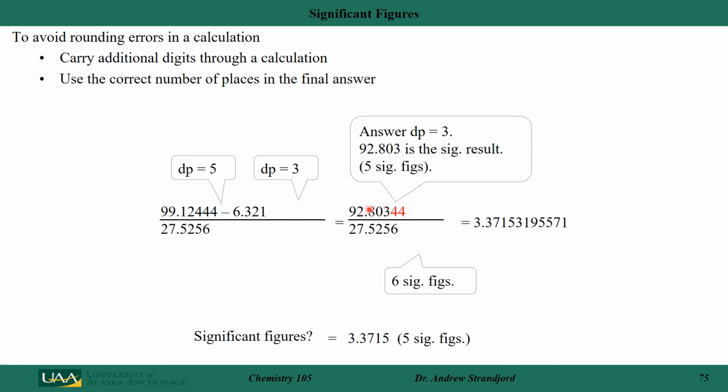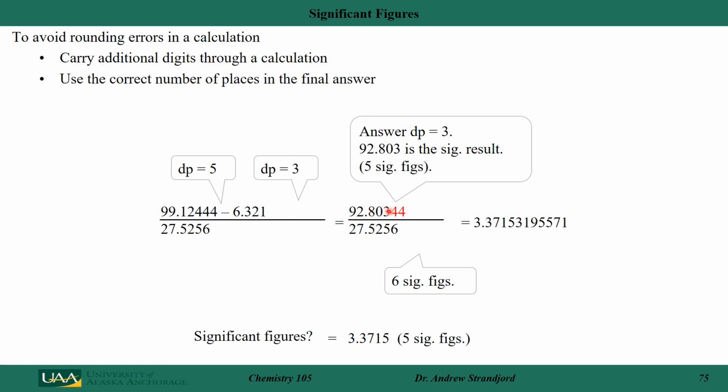Now I'm going to divide 92.80344, my answer from doing the subtraction, divide it by my number here, 27.5256. I get this very big long number on my calculator. If I go up here in the top one doing the subtraction, I can only carry through 3 digits to the right of the decimal point.